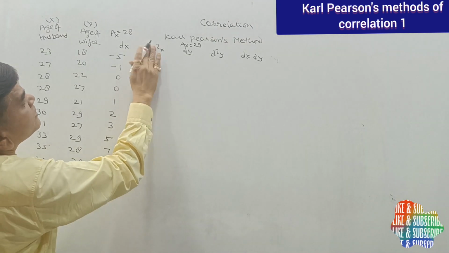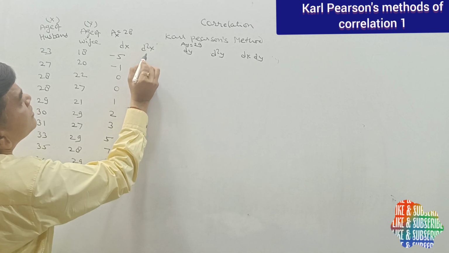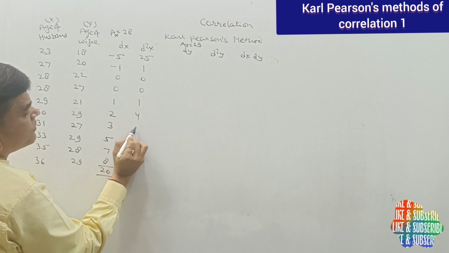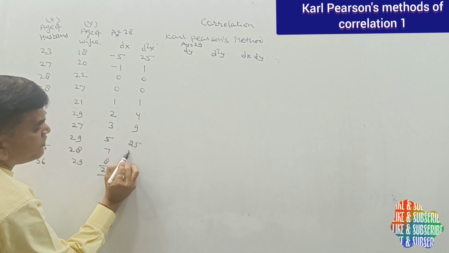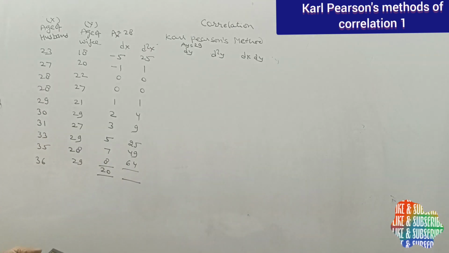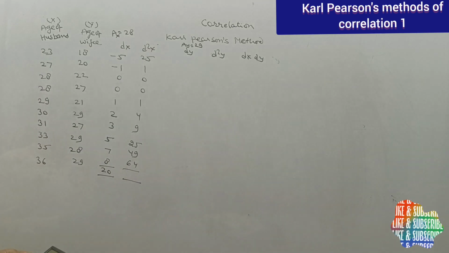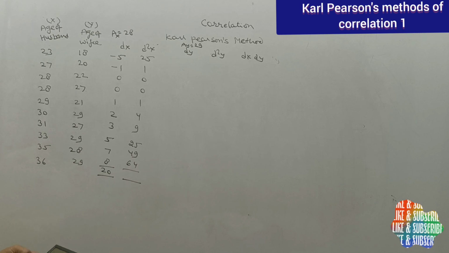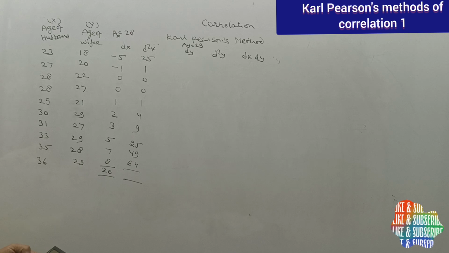Now the square of these, d square x: 25, 1, 0, 0, 1, 4, 9, 25, 49, 64. The addition of these is 25 plus 1 plus 1 plus 4 plus 9 plus 25 plus 49 plus 64.